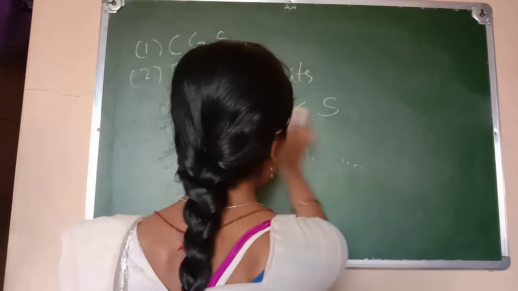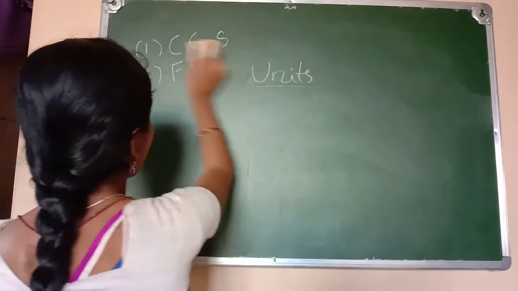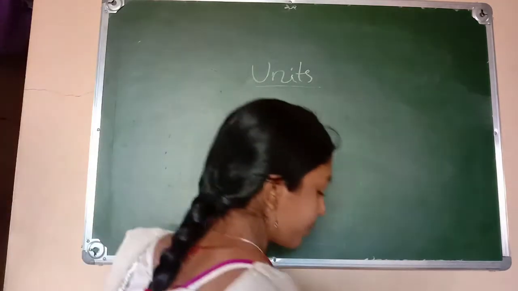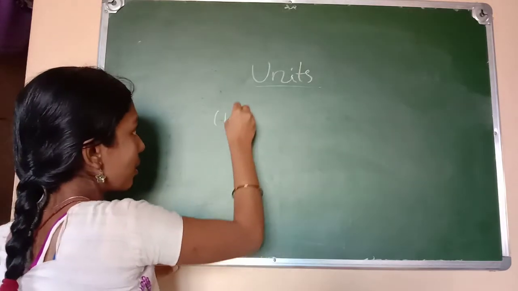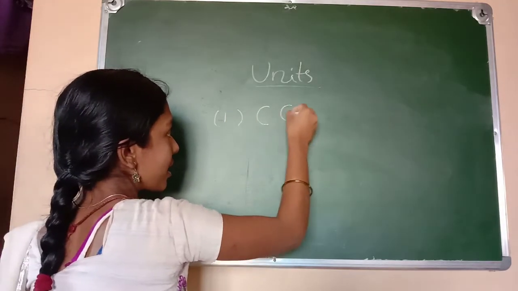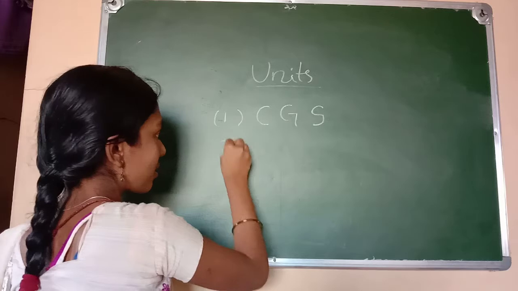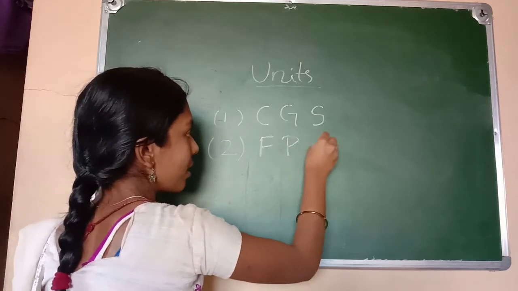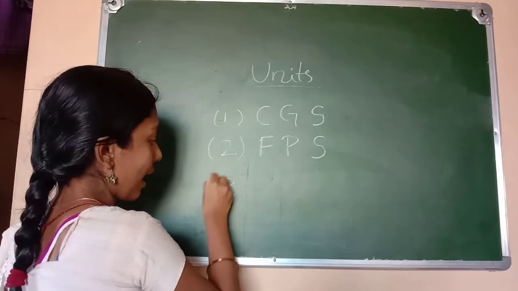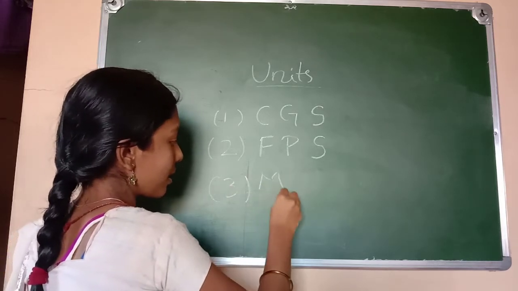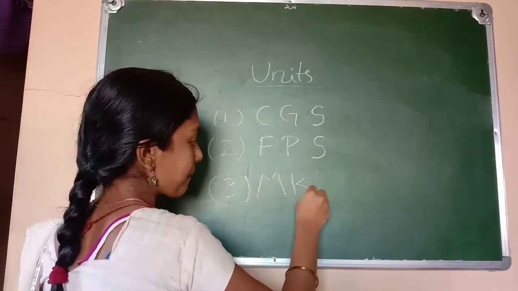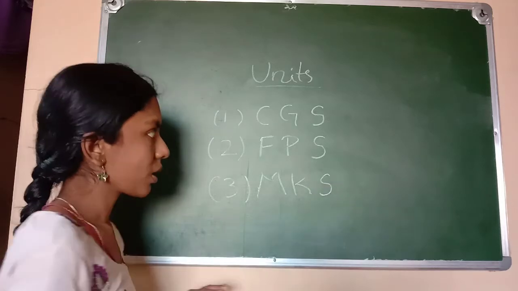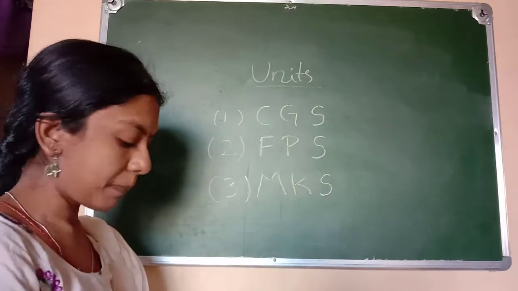So I'll write all the three together once. First is CGS, second FPS, and the third is the MKS. So once again I'll repeat.